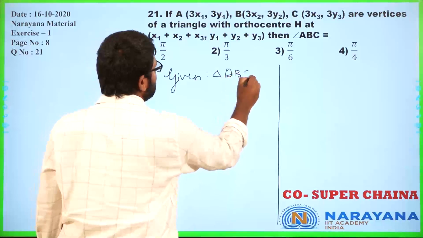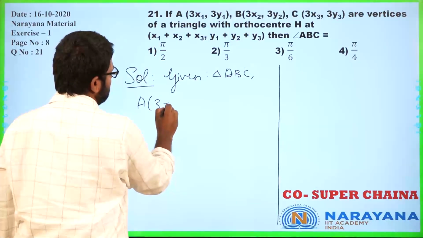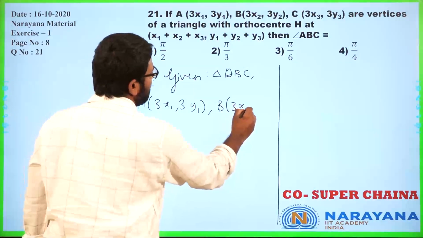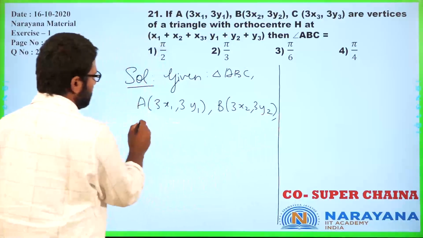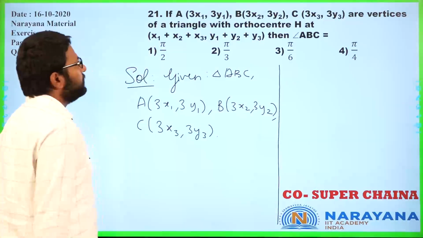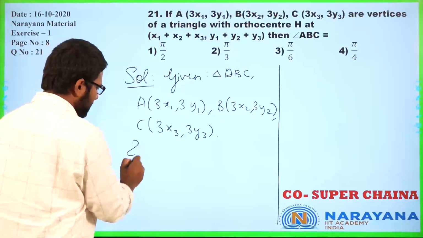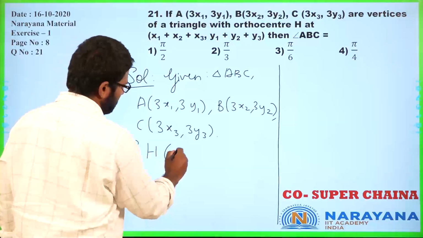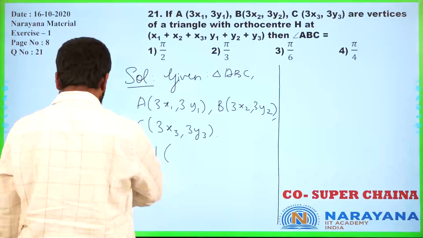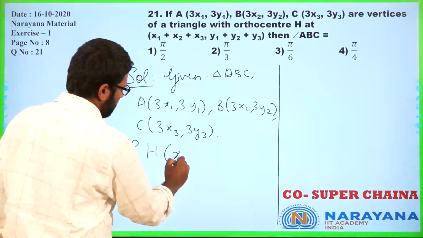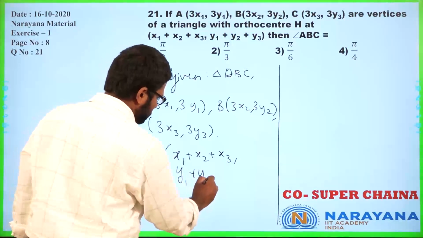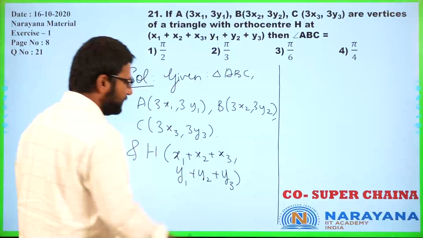Triangle ABC where A is (3x1, 3y1), B is (3x2, 3y2), C is (3x3, 3y3), right? And H, the orthocenter, is (x1 plus x2 plus x3, y1 plus y2 plus y3). That is the orthocenter.